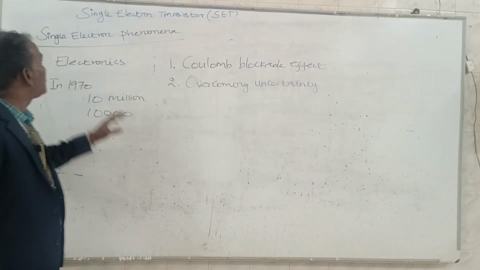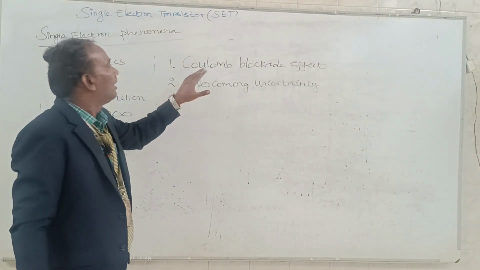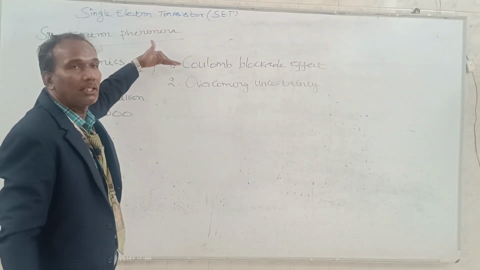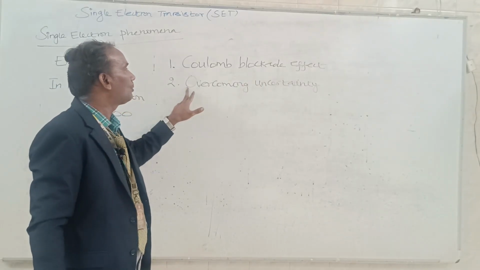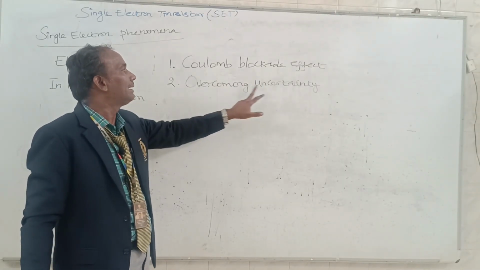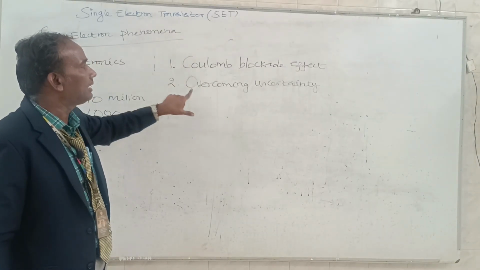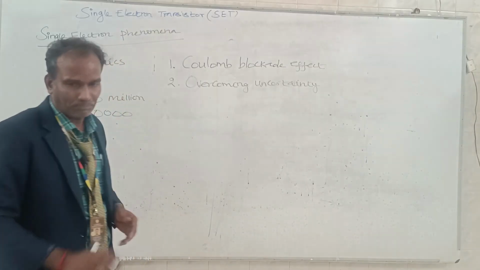In order to achieve the single electron phenomenon, we need to satisfy these two effects: the Coulomb blockade effect and overcoming the uncertainty. Let's see the meaning of the Coulomb blockade effect and overcoming uncertainty a little later.